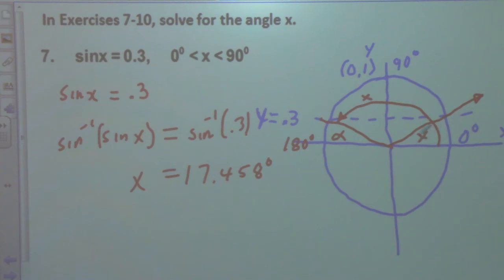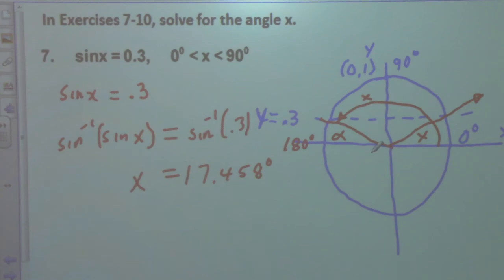So this angle x that was calculated here is going to be the same as this angle over here. Do you see that? Because of symmetry. And Will mentioned this a little bit earlier, right, Will? So it intersects twice. And so this angle, the positive number of this angle, you subtract it from 180, and then you get the standard position.